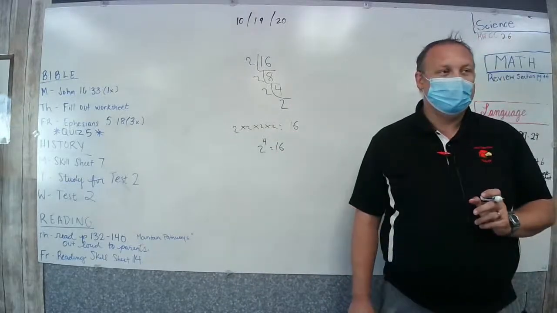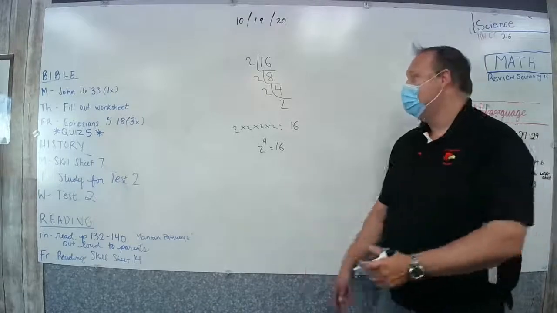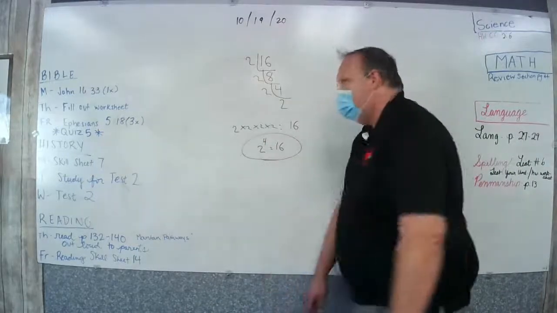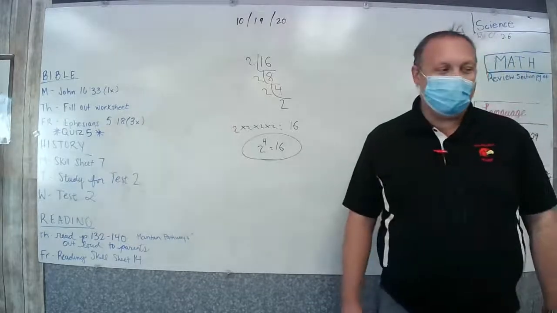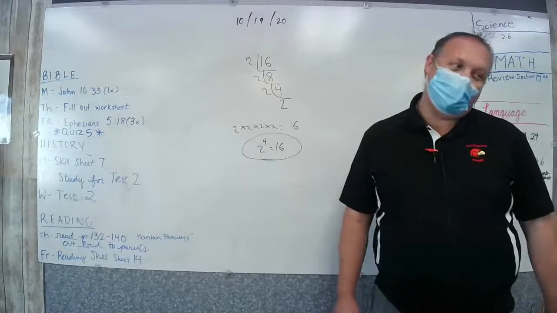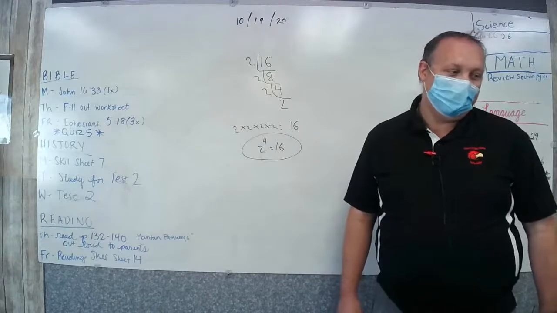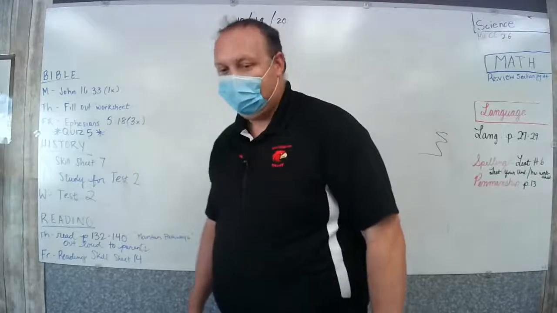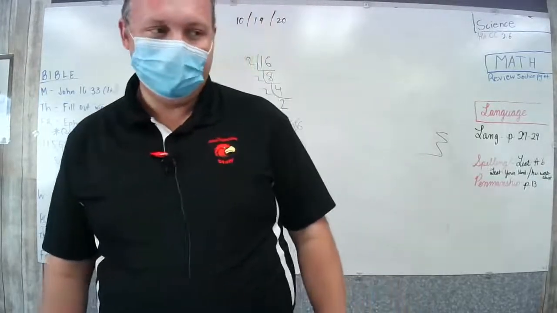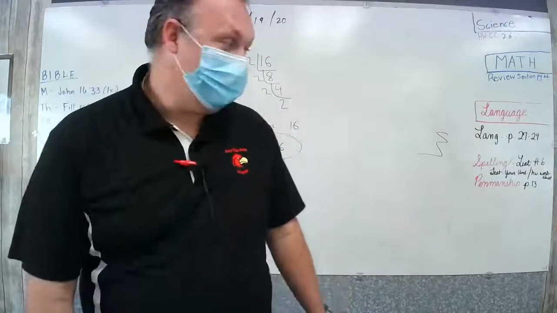The really short one. And yes, you would rather write the really short one because this takes up less time. I know you want to get your math done as fast as you can. Yeah. So that's why I'm showing you the shortcut.